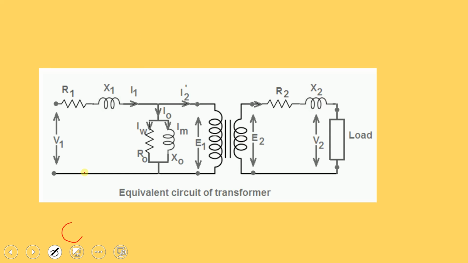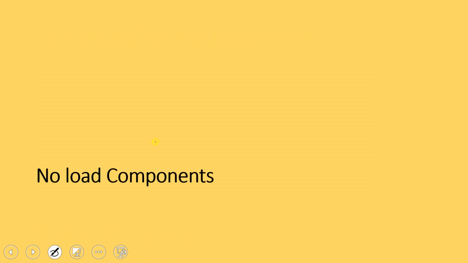So this is again the diagram of the equivalent circuit of the transformer, in which we are considering R1, X1 and I naught components. This is I naught, IW and IM, and this is R2 and X2. When we are considering all the components, that is called the equivalent circuit of the transformer.